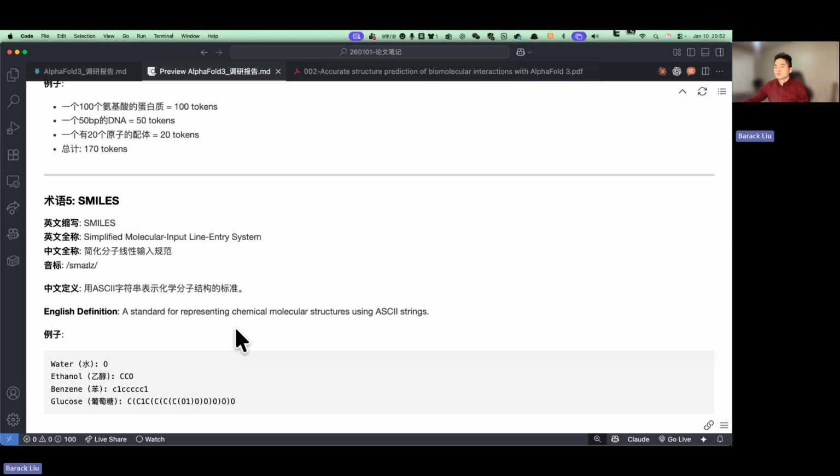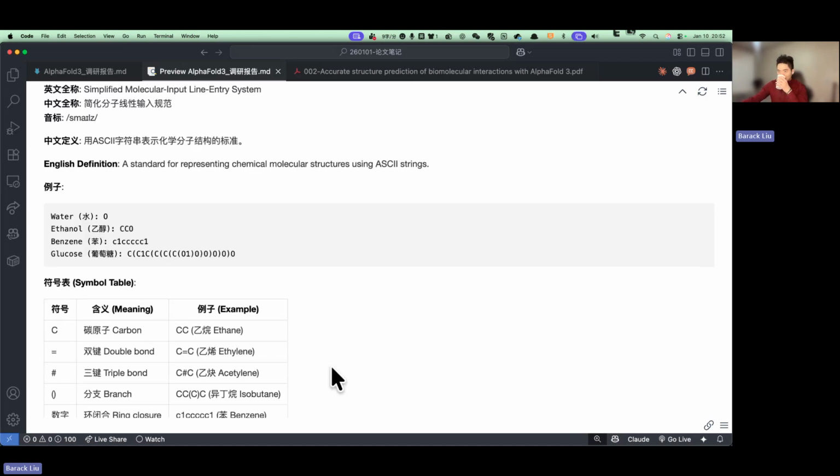Interesting. C means carbon. CC means ethane. Equal means double bond. C equals C means ethylene.